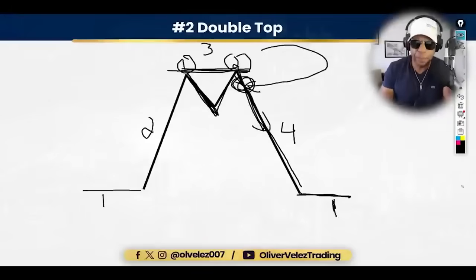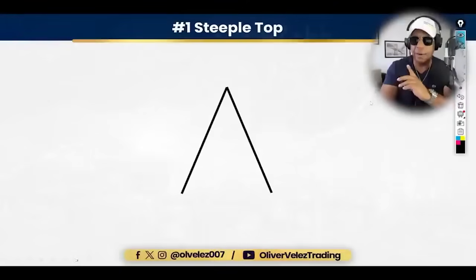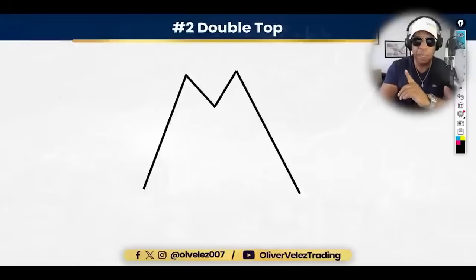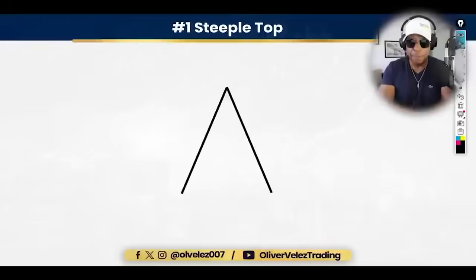But we have to be able to read the tops. So remember, you've got your steeple top, which is not all that frequently occurring, but it does happen. Then you've got your double top. Your steeple top, I'm going to teach you to come in somewhere around here.